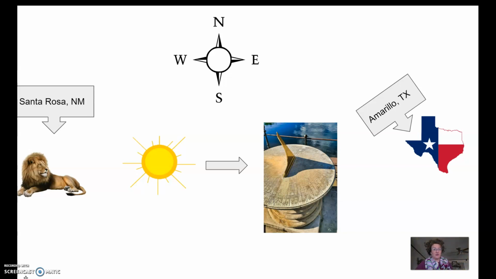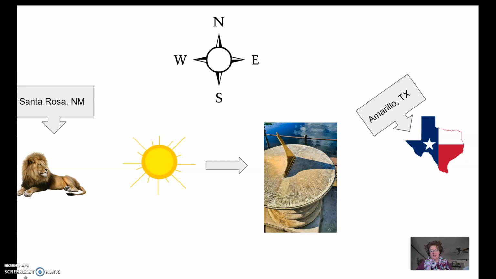We have a north, east, south, and west. If you see where the sun is, it's not up high in the sky in this diagram. It's down lower, like possibly later in the evening, okay? And if you notice here to the left of this picture, Santa Rosa. Santa Rosa from Tucumcari is heading west.